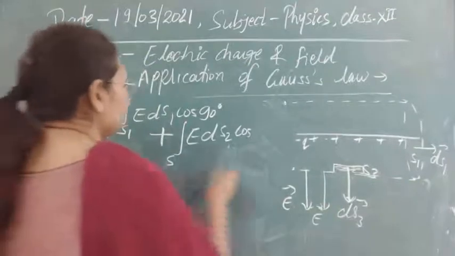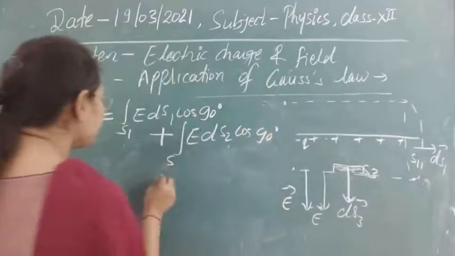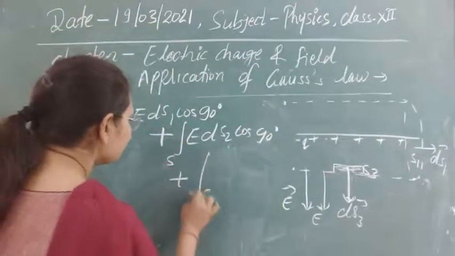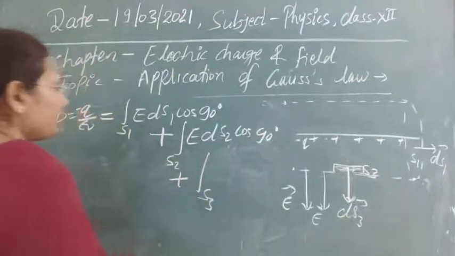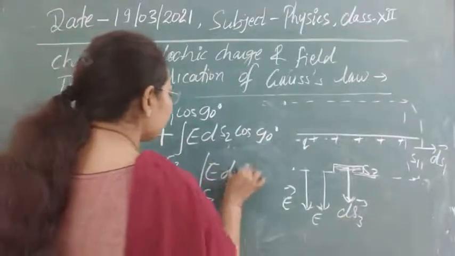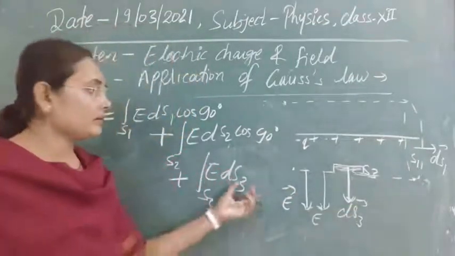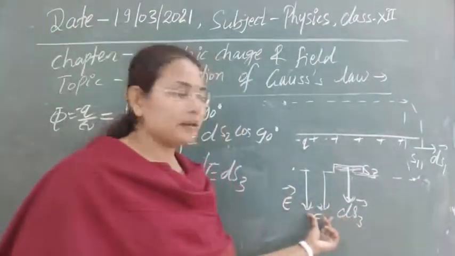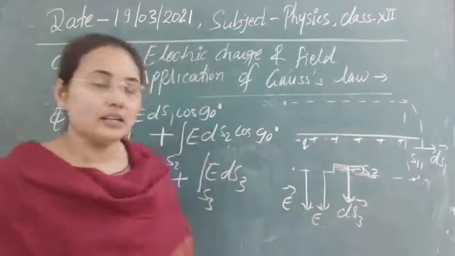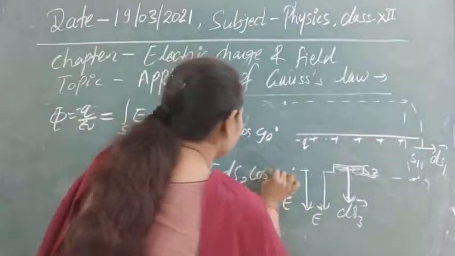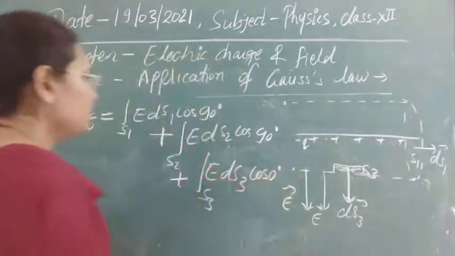So this is cos 90 degree, plus the last one, this is S3. Again if we expand it, this will be E ds3, and now let's see the angle. ds3 is in the same direction as the electric field, so the angle is 0, this is cos 0.